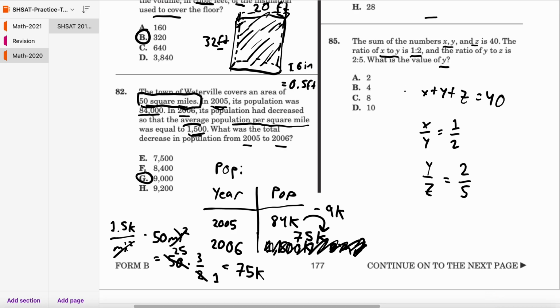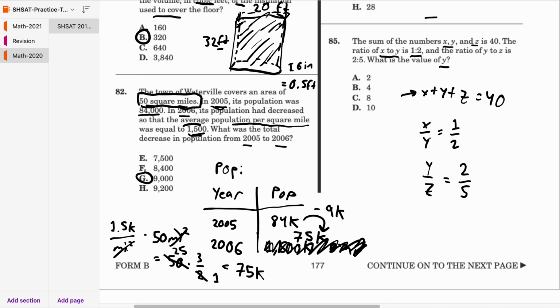So basically what we're going to need to do is, we have this first equation, so we're going to need to get two of the variables in terms of the other variable.